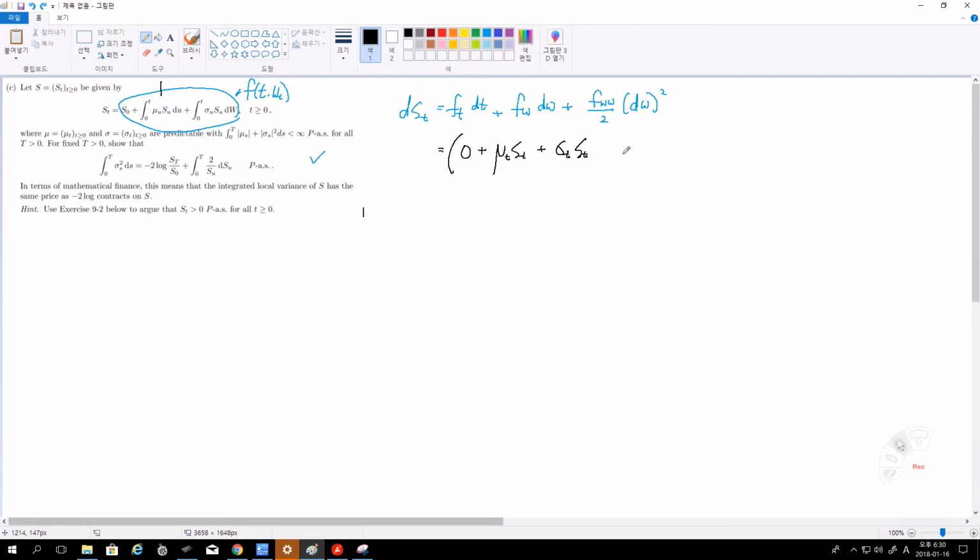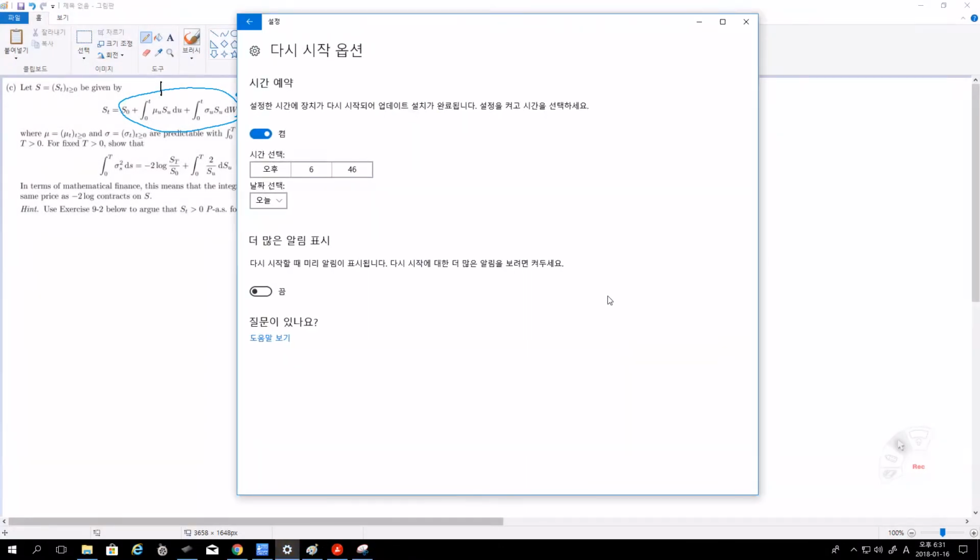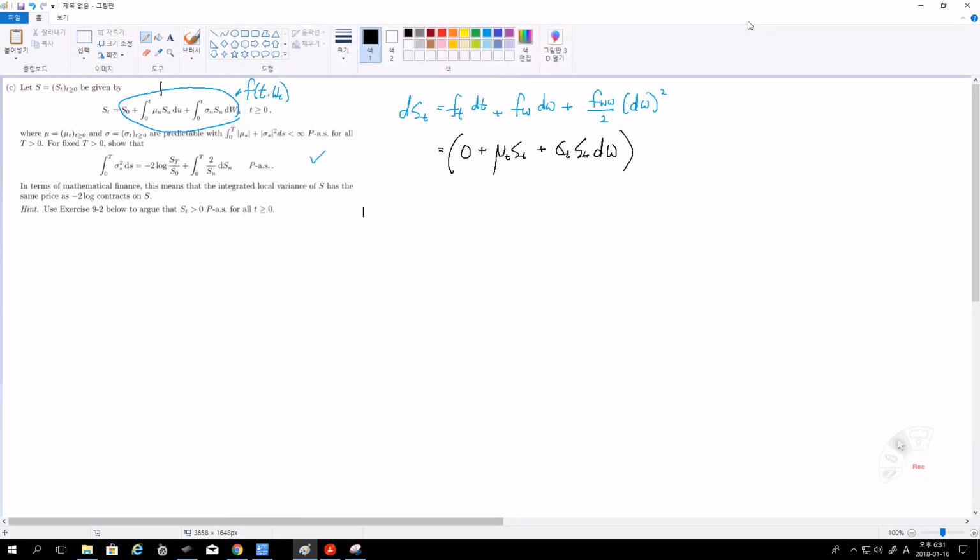Take the derivative of this entire thing with respect to t. Actually, yeah, this is t. I forgot this part. Okay, sorry about this part.